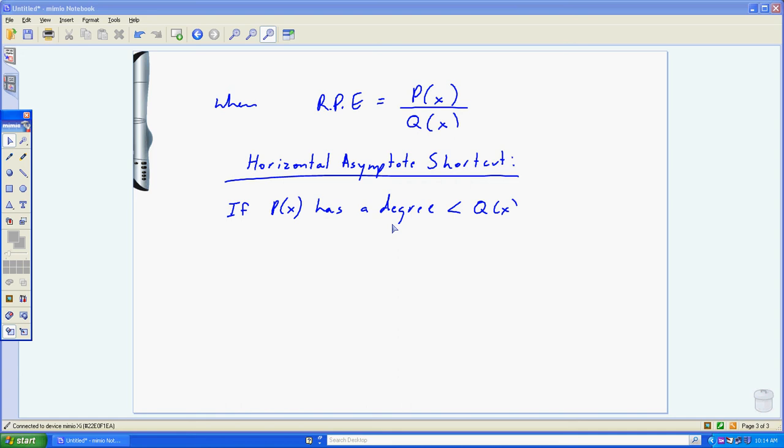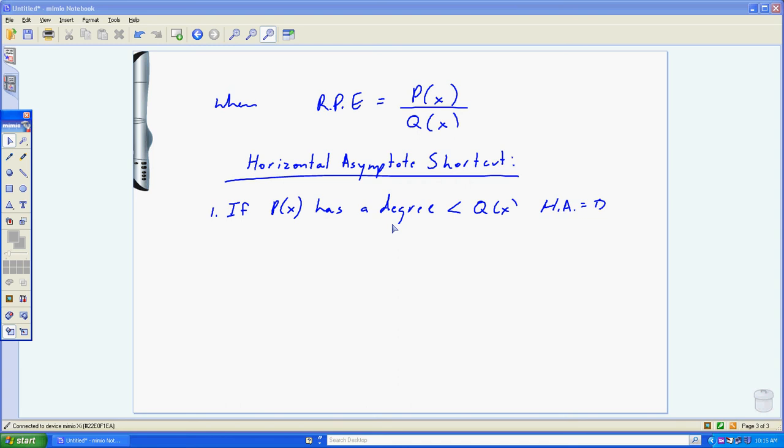Well, there was, but it would be 0. And the bottom one had an exponent of 1. x to the 1, right? So that's this situation. The horizontal asymptote equaled 0. Always going to be 0, if the top polynomial has a degree less than the bottom polynomial. Okay, so that's the first trick.